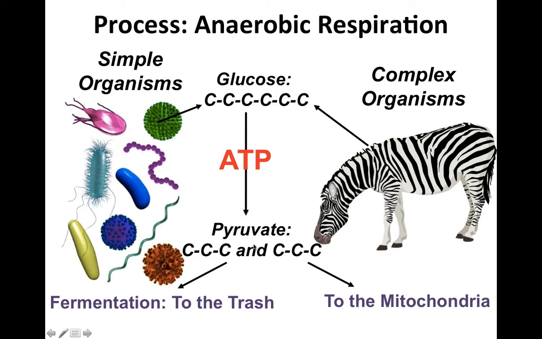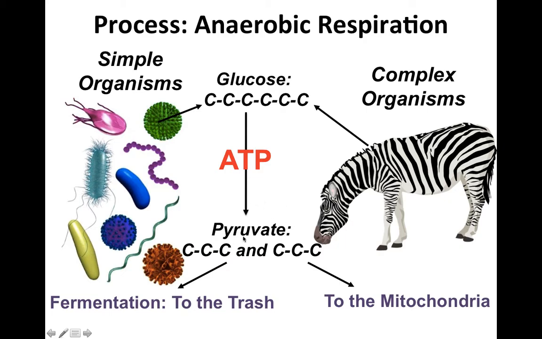So snap it in half. Anytime I break any of those bonds that make up glucose, I'm going to have a release of energy, which allows us to make ATP. Like I said, that's a complex process. I'm simplifying it tremendously, and if you ever want to talk about it, we can definitely talk about it.